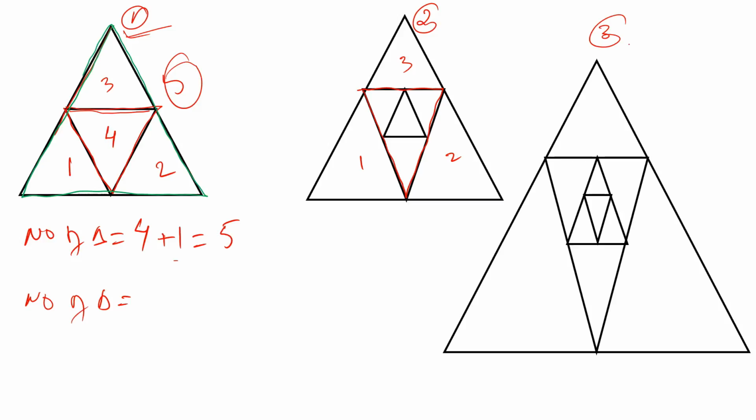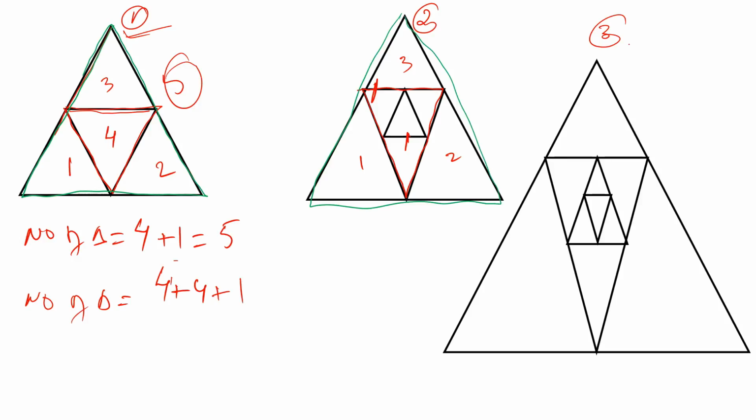So in this figure we have two inner triangles, and if one inner triangle forms 4 triangles, so two inner triangles, this is number 1 and this is number 2, will form 4 plus 4 equal to 8 triangles, and we have to add this bigger triangle also, that is 1.